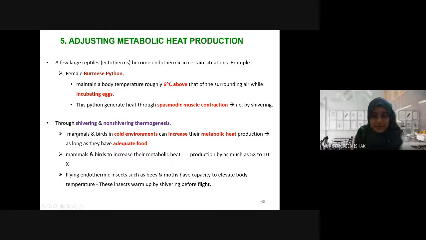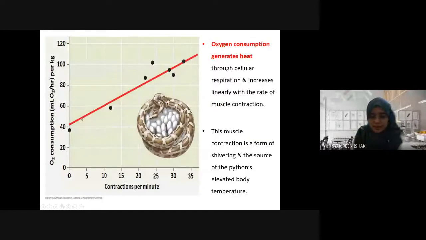Okay. So next one is shivering and non-shivering thermogenesis. So for this one, okay, sekejap saya explain yang untuk python ni dulu. So python, as you can see, during egg incubation, they will increase oxygen consumption. Okay, oxygen consumption increases sebab kalau tahu untuk cellular respiration berlaku, kena ada oksigen lah kan. So oksigen diperlukan untuk cellular respiration, so that during cellular respiration energy is produced, ATP, and also heat is released.